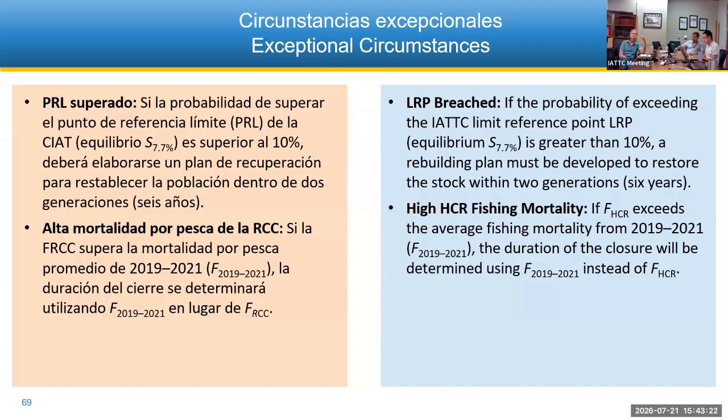So the first one here is related to limit reference points. And this is basically the same as what's currently in the interim harvest control rules, which were already adopted in a resolution previously. So if the probability of exceeding a limit reference point, either a target or a fishing mortality, is greater than 10%, then a rebuilding plan must be developed to restore the stock within 2 generations.